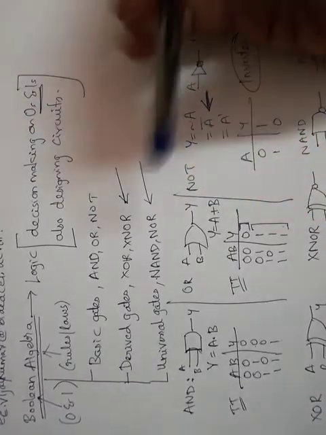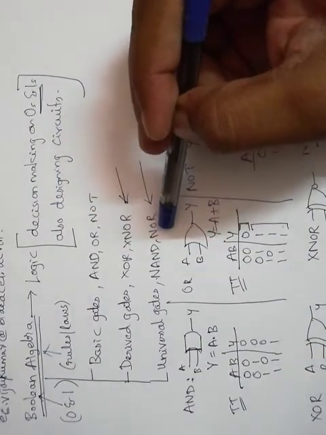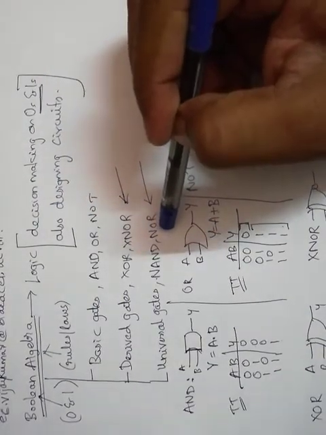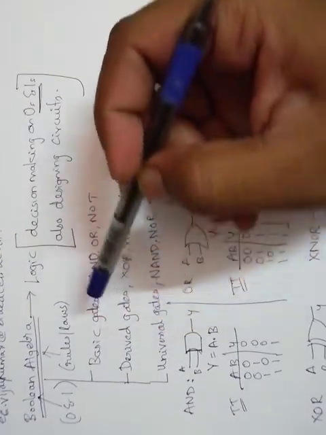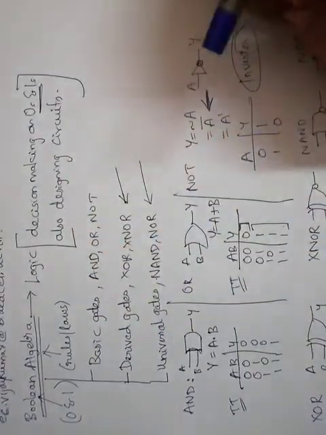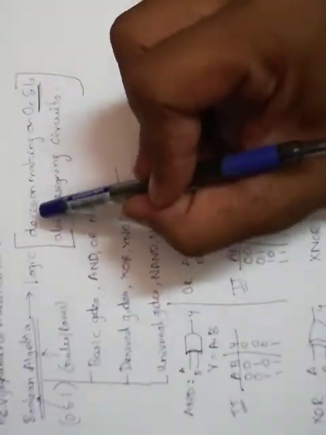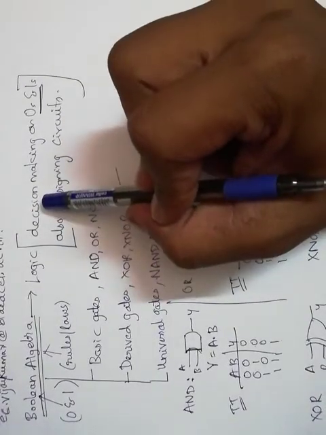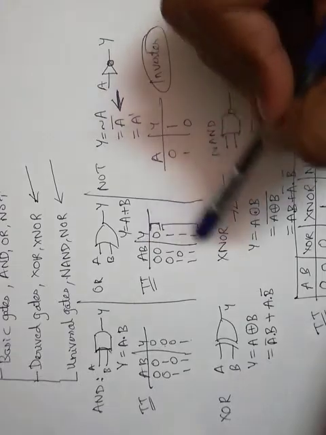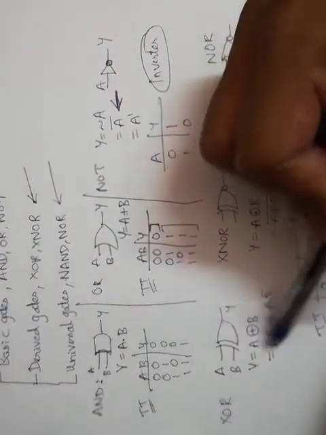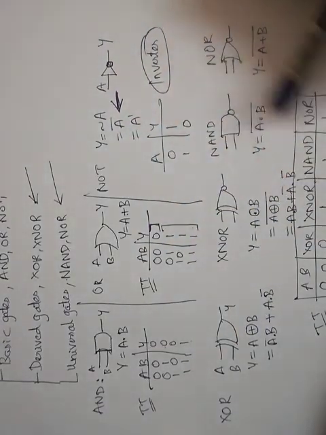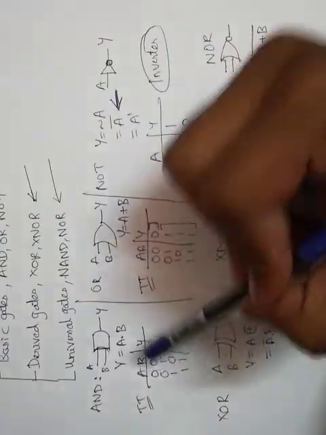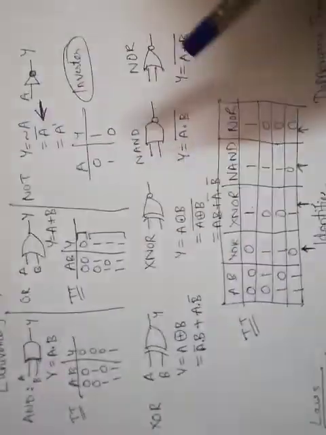Let's go through once again. Gates are the basic entities of Boolean algebra. We have three different types of gates: basic gates, derived gates, universal gates. What they do is they provide decision making. Decision making means these are the decisions. We don't have arithmetic or mathematics for this. We have the decisions. So AND, OR, NOT, XOR, XNOR, NAND, NOR.